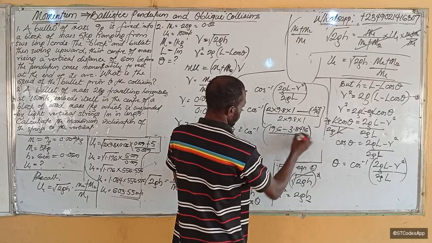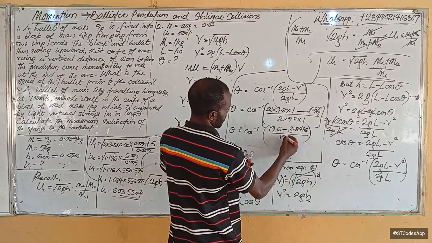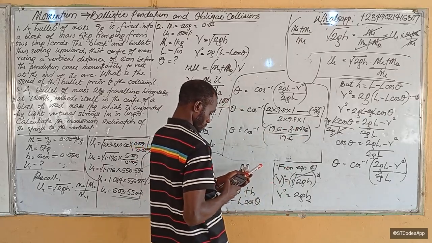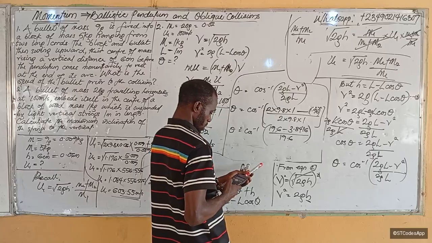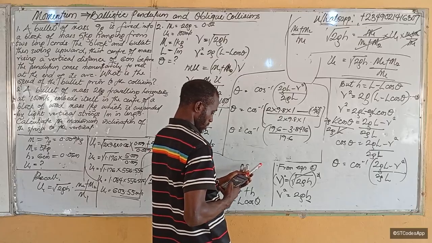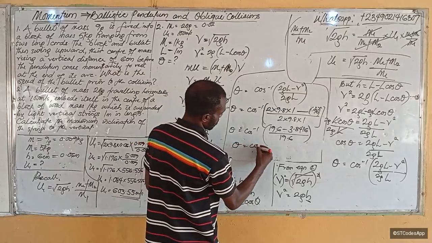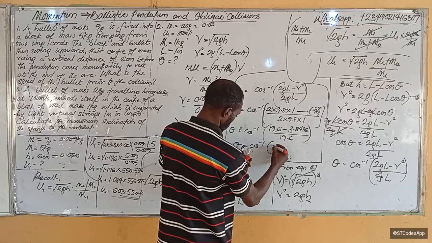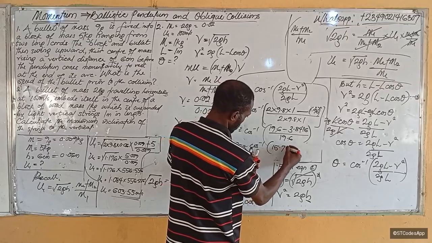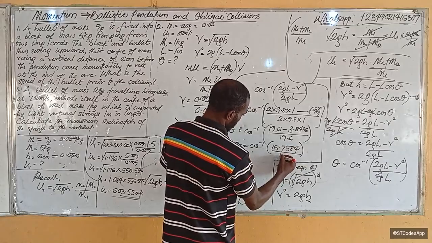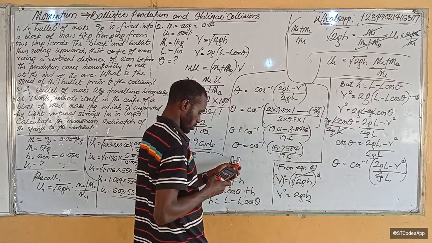That's 3.8416 over 19.6. 19.6 minus answer. That is 15.7584. So theta equals the cos inverse of 15.7584 divided by 19.6.